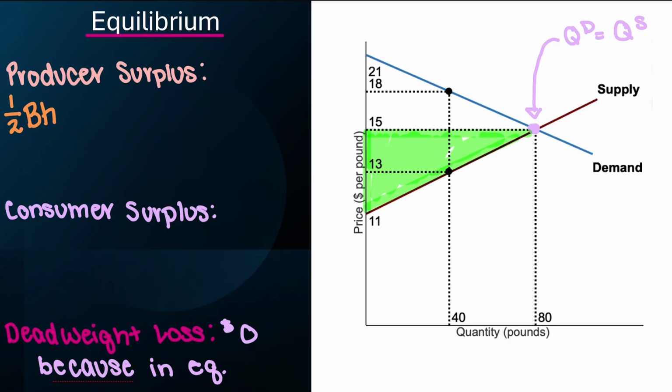Our base is going to be the number of units that we're selling, and the number of units that we're selling is 80. So 1/2 times 80 times our height, and our height is the difference between the price and the y-intercept of our supply curve, so 4. So 1/2 times 80 times 4, which gives us 160.